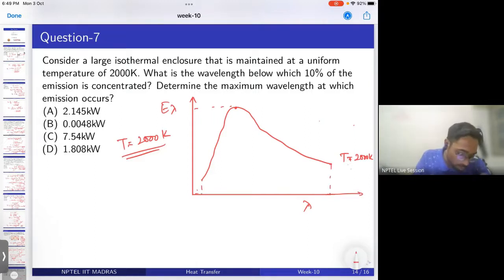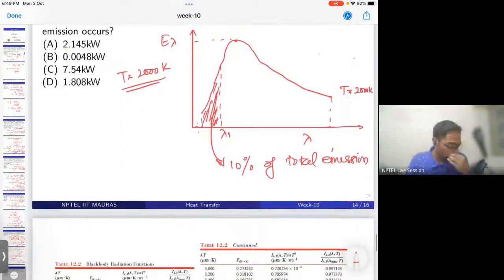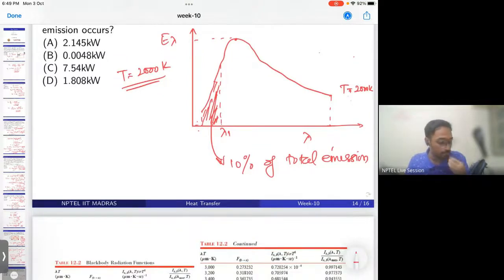So we need to find out up to what wavelength it is emitting 10% of the total emission. This is our question. So we need to find out up to this lambda one, up to which the 10% of the emission happens.